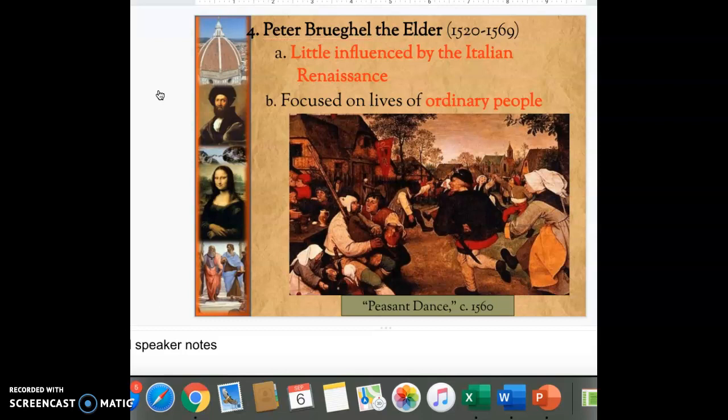We're talking about peasants or merchants, for example. And so that tended to be the subject matter of a lot of his paintings. You can see one example of his works depicted here, and it's titled The Peasant Dance. So this is a great example to show you that his subject matter usually focuses on the ordinary, for example, the peasants of the time.